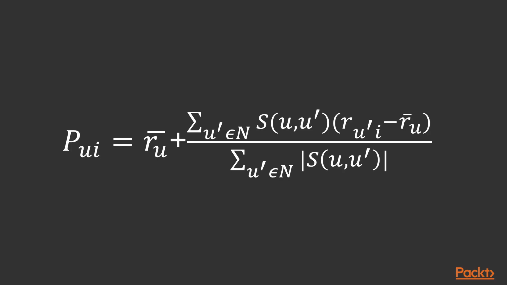Mathematically, the active user U's predicted preference for item I, denoted as P_UI, is given as follows, where R̄_U is the active user U's mean rating, and S(U, U') is the similarity measure between the active user U and the neighbouring user U'.